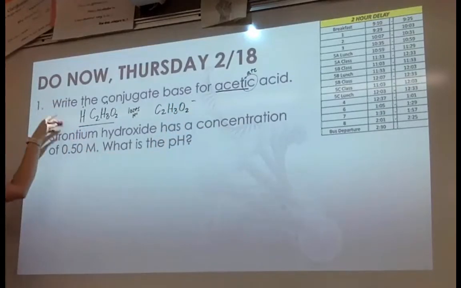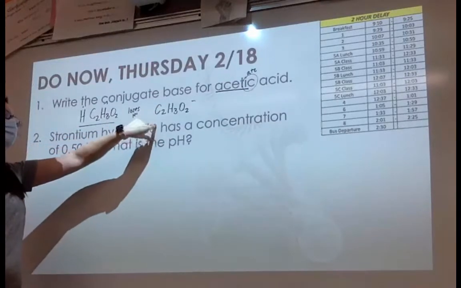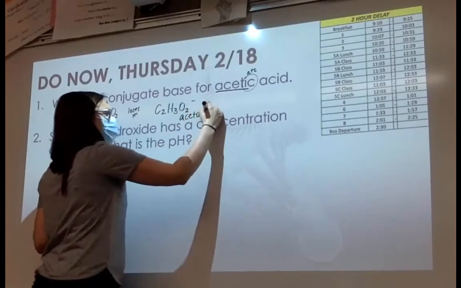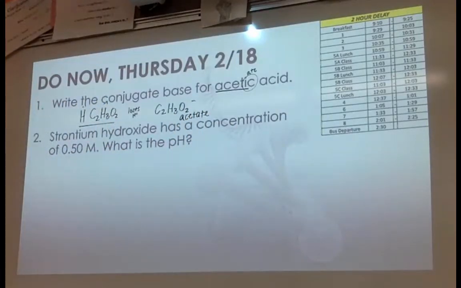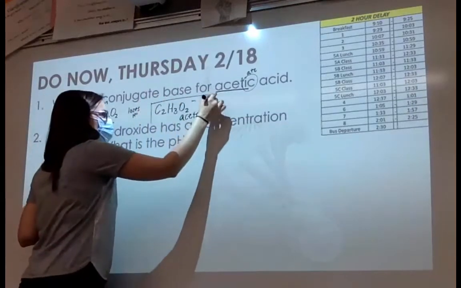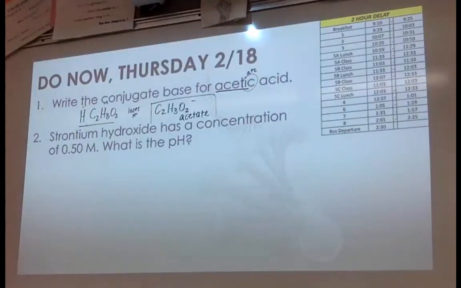You're removing an H and a +1, so it's going from a neutral charge to -1. So the acetate ion, C2H3O2 minus, is the conjugate base. This is our answer for number 1. The conjugate base always has one less H+ than the acid.